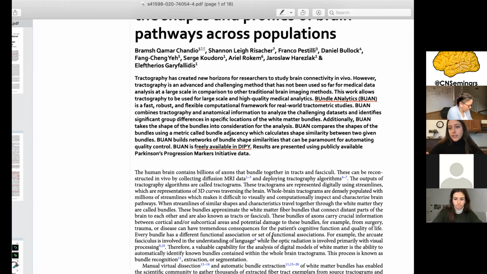There are different steps for this bundle analytic tool to work. The first step, which is this A here, consists in extracting the bundles from a whole brain tractogram. So what you need to give as an input to the program is a whole brain tractogram, and you also need to give it a model, an atlas model of the bundles of the white matter pathways of the brain.